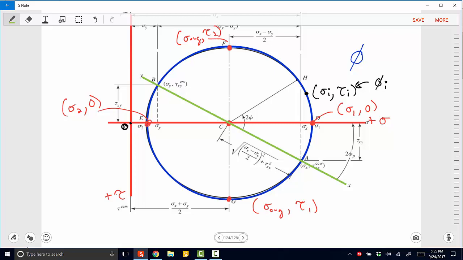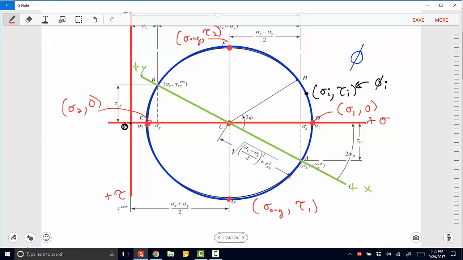So if we have positive shear stress, such that it creates this counterclockwise sense of rotation, then we are going to define our positive x-axis as below the sigma line, the sigma x, right? We'll define it as below, where the right hand end here is the positive x-axis in our original coordinate system, and this end over here is the positive y, right?